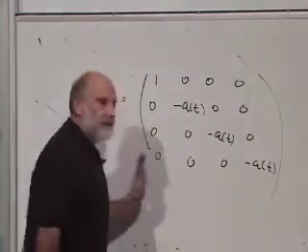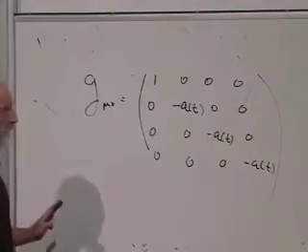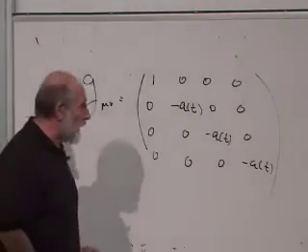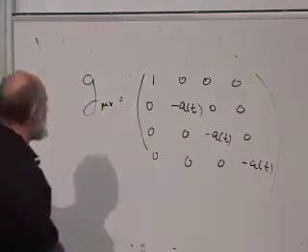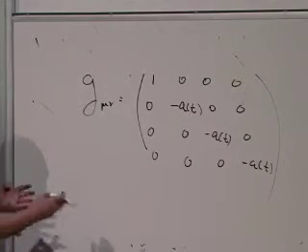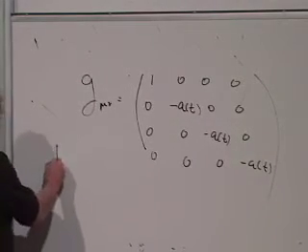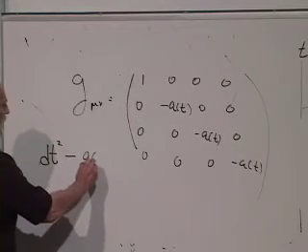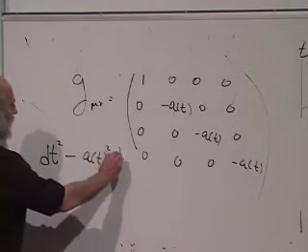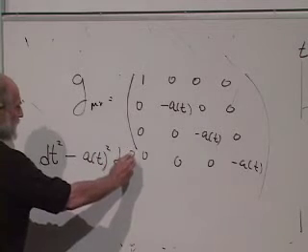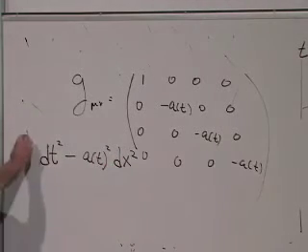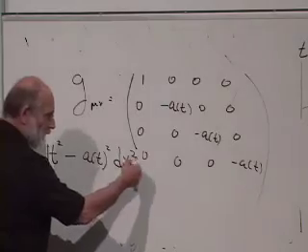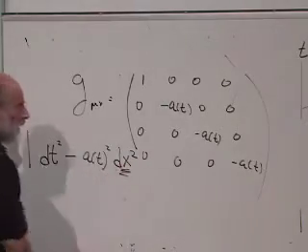One function a of t, just one function, and that function is called the scale factor. What this means is that the proper time, or the line interval, is dt squared minus a of t squared times dx squared plus dy squared plus dz squared.